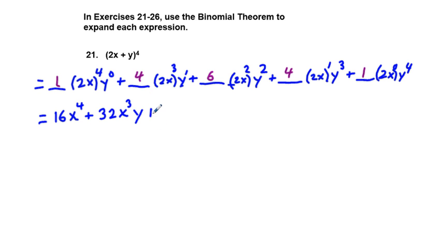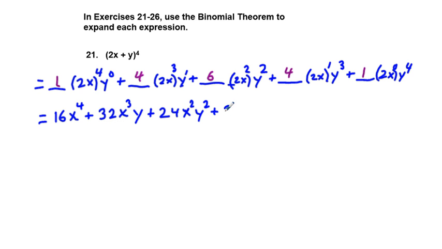Next we have plus, at this next term, we have 2 squared, which is 4, times 6 is 24, so we get 24 x squared y squared. Our next term is going to be x to the 1st power, and 2 to the 1st power is 2. 2 times 4 is 8.